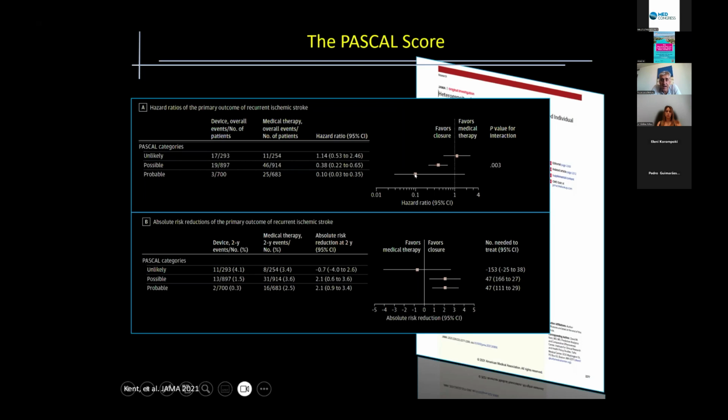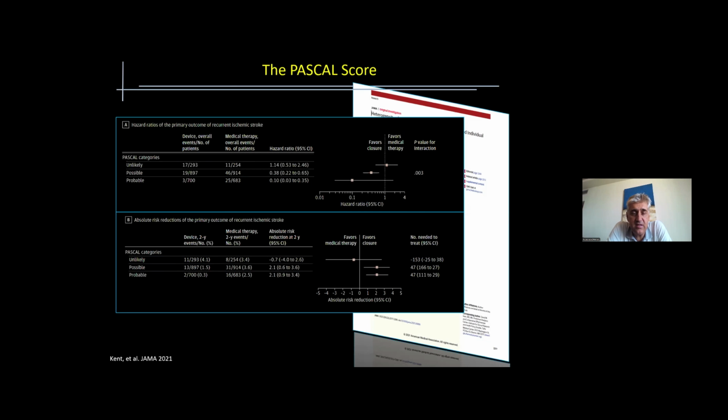You see more than 90% reduction of the relative risk for having a stroke recurrence. On the other hand, in patients who were unlikely to have a PFO-related cause, there was absolutely no beneficial effect. So it seems that the PASCAL score works well to give us a good estimate of which PFO is causally associated with the stroke of our patient.